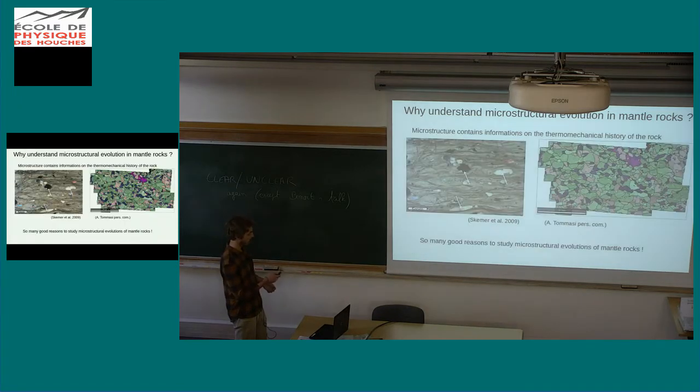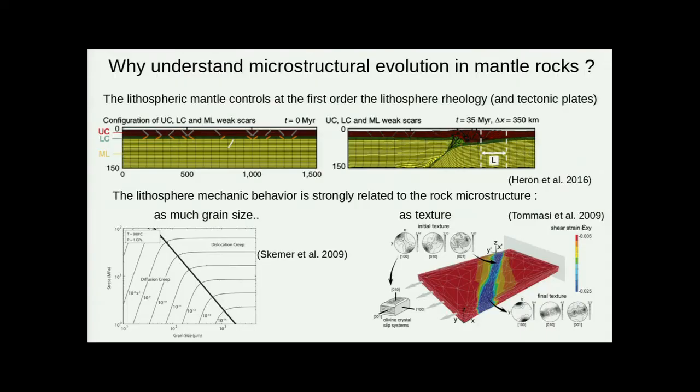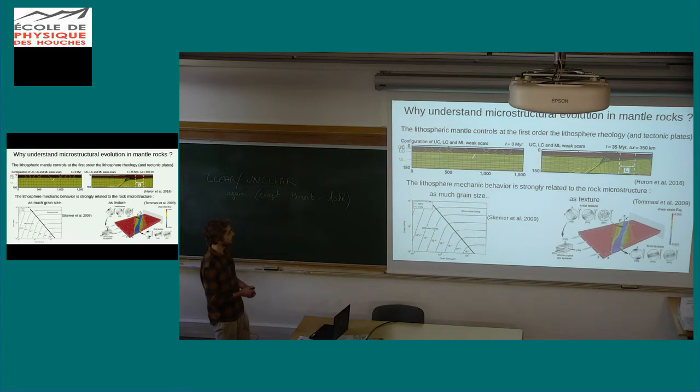Here it's a numerical experiment where the authors have done a lithospheric model with 3 layers, an upper crust, lower crust, and lithospheric mantle, and they place some weak scars, weak rheological scars, represented by those lines in the model.